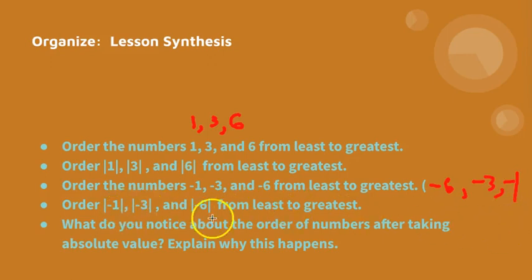And what about their absolute values? Yeah, if we go by absolute values, their distances from 0, it's going to be 1, 3, and 6, right? Because when we're talking about absolute value, that's just the distance from the 0. So, negative does make a difference. Positive makes a difference, but when we're talking about absolutes, it's going to be the same. The absolutes are going to make everything just talking about the distance from 0.